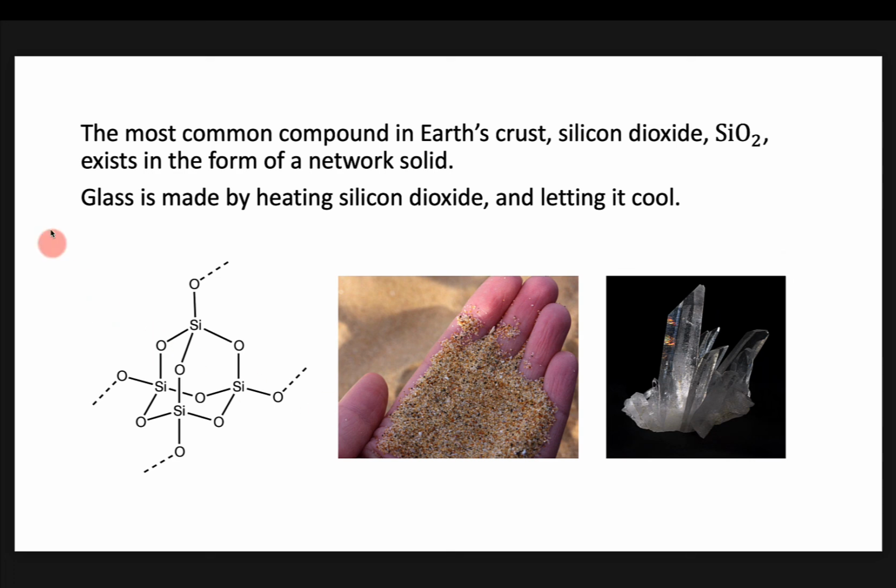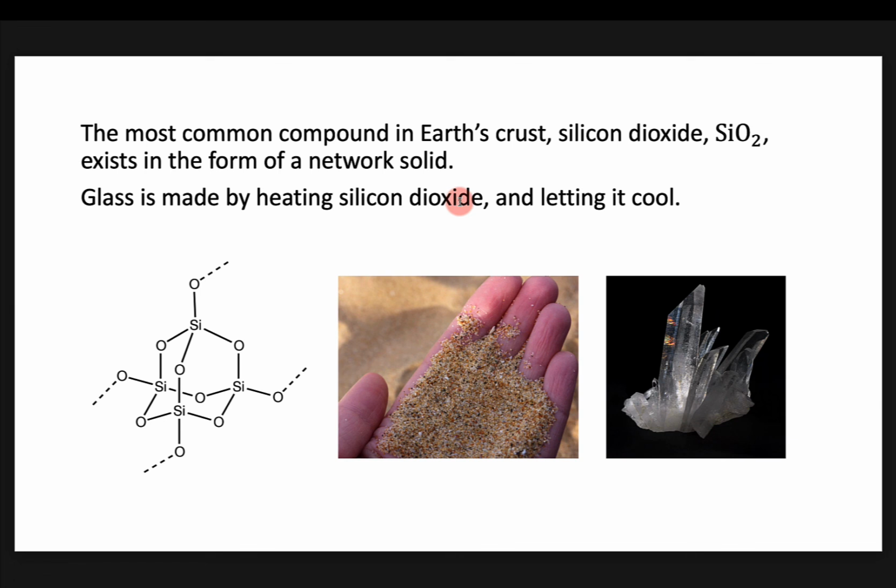Okay, I think this is pretty well the last slide. This slide just introduces the next reading that you'll do as part of today's task. The next reading that you will complete is about glass. And glass is made by heating silicon dioxide.